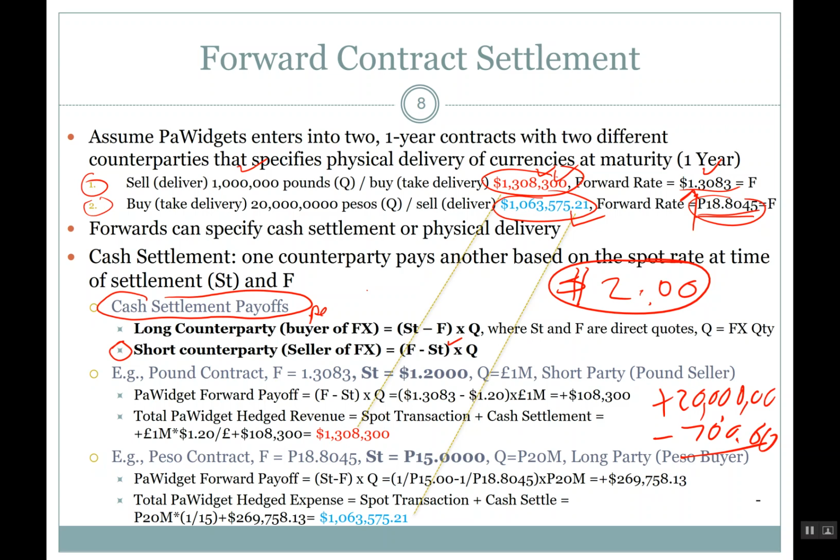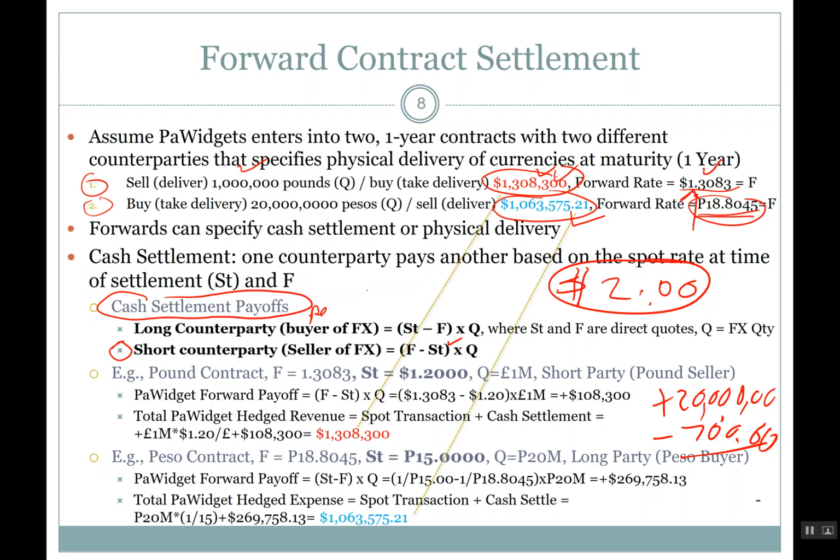All contracts which are barred from leaving the country wind up being cash settled. Does that make sense? You could not receive yuan in New York, because the government of China would not allow it. So this is a way of getting around it.